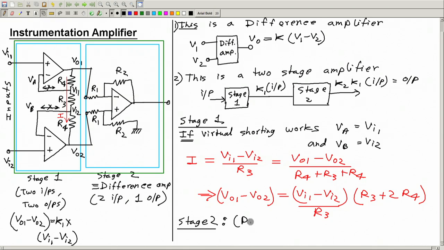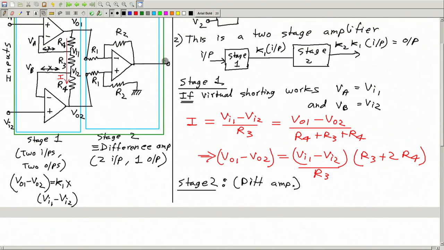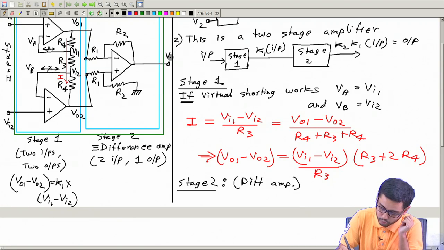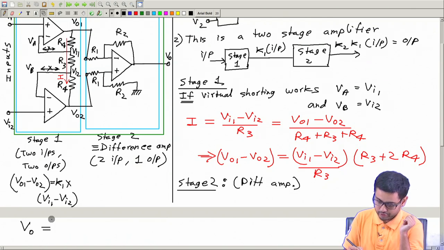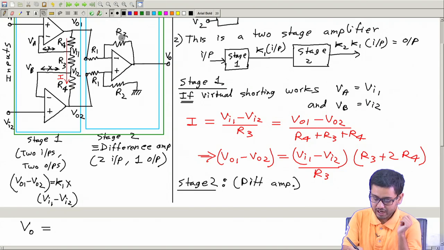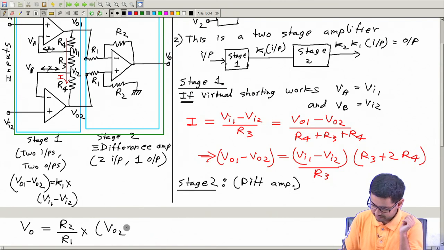Therefore, we can write directly that this voltage, call it VO, the final output, will be, for a difference amplifier, R2 by R1 multiplied by the difference between these two voltages, VO2 minus VO1, because VO2 is connected to the plus side, VO1 is connected to the minus side.